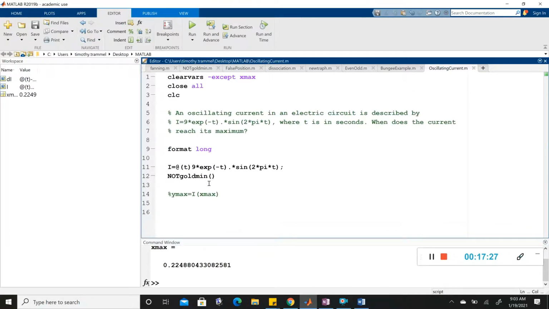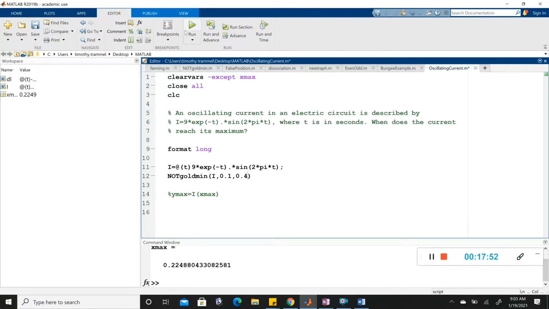So let's see here, our function is named I. And then to try and bracket this, we could say 0.1 to, how about 0.4? We saw it was 0.22 something, so we already have a pretty good idea of what it is. But let's go ahead and test this thing out.